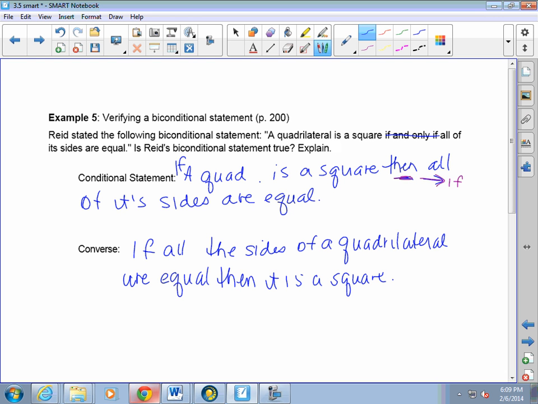So we're taking that all of the sides, moving that to the if, and putting the then it is a square as the flip on there.